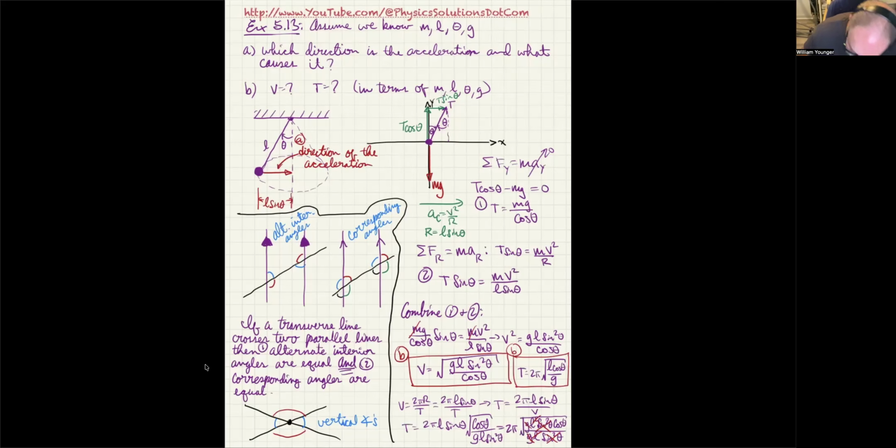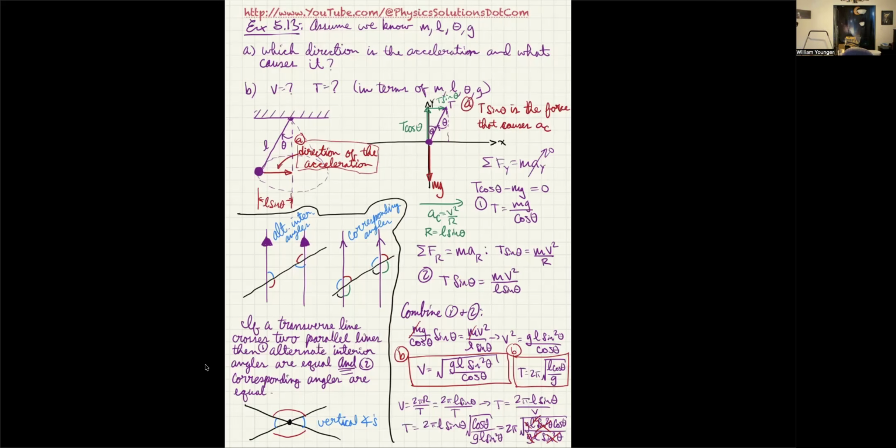So that's part A. Now we can also see from this diagram that T sine theta is the force that causes a sub c.